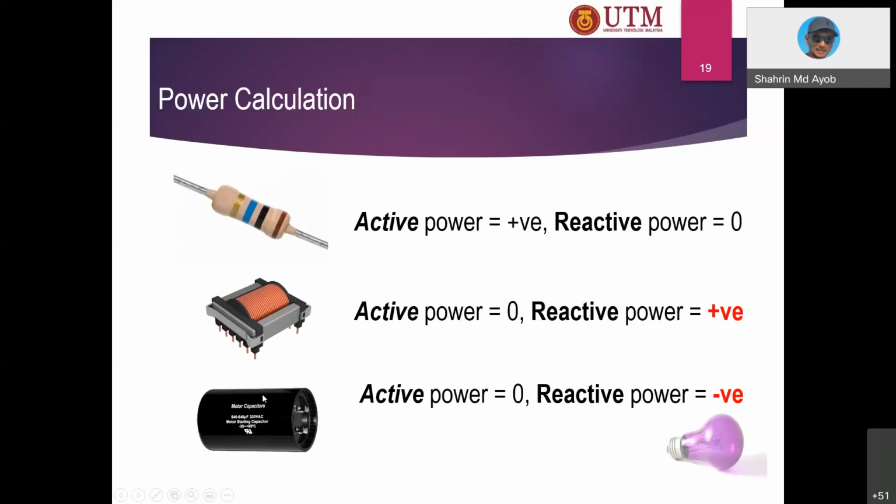But if your load is a capacitor, your reactive power is a negative value. You need to memorize this because these are the fundamental elements to proceed with our power calculations, power factor calculations, and also our three-phase power calculation after this.